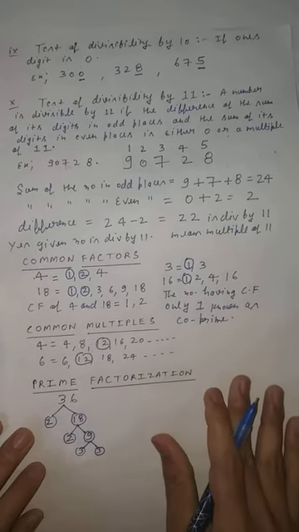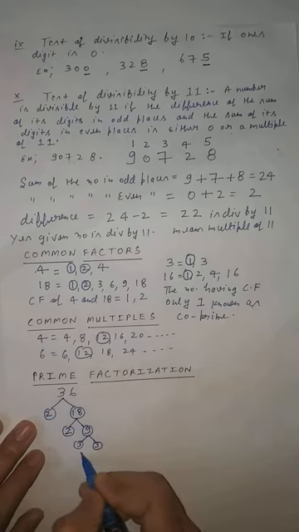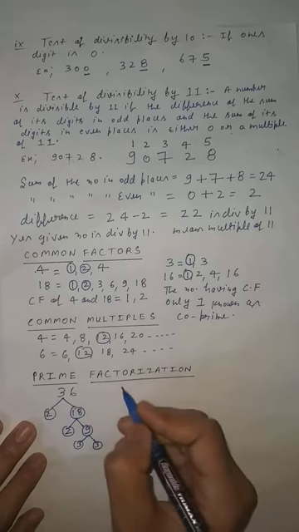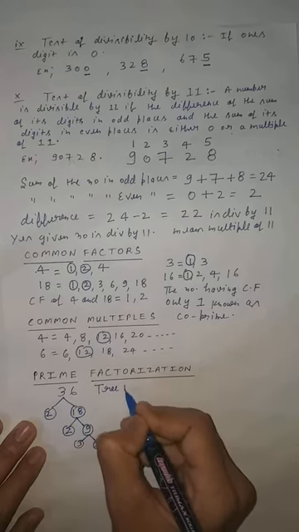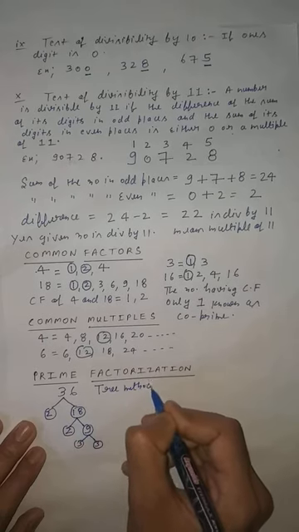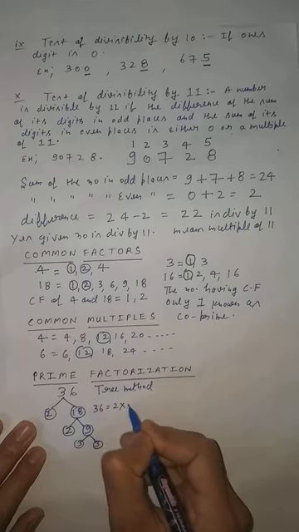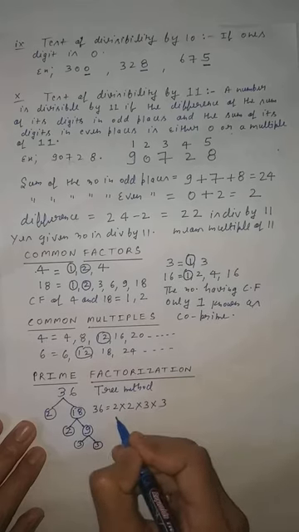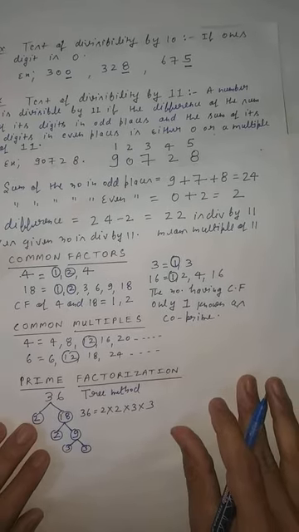Clear students? So this is your prime factorization: 2, 2, 3, 3. They are prime numbers. This is the tree method. And the prime factorization of 36 is 2 multiplied by 2 multiplied by 3 multiplied by 3. 2 2 is 4, 3 is 12, 3 is 36. Clear students? This is the tree method.